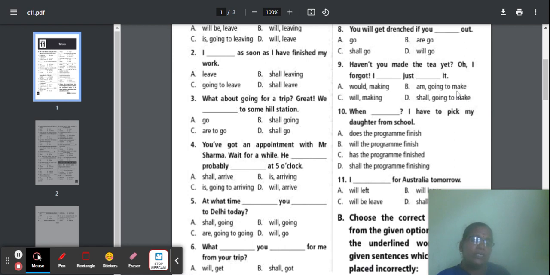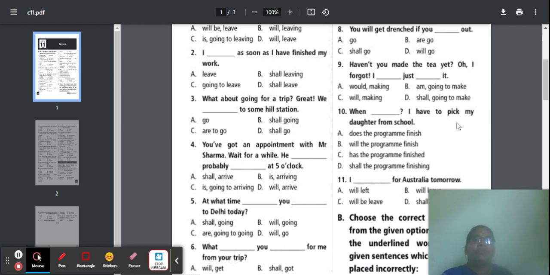"Am going to" is also future tense. I is first person singular, so we should check the correct helping verb. Am is the correct helping verb. I am just going to make it.